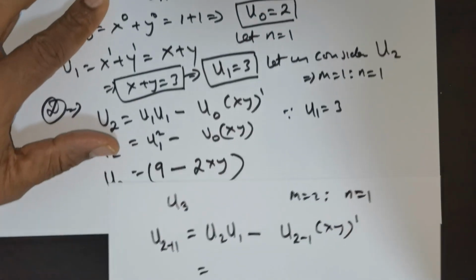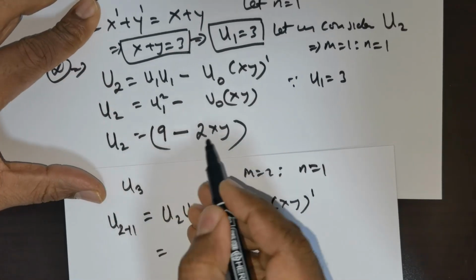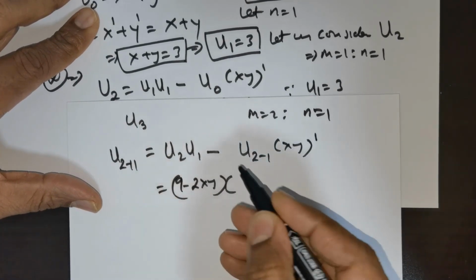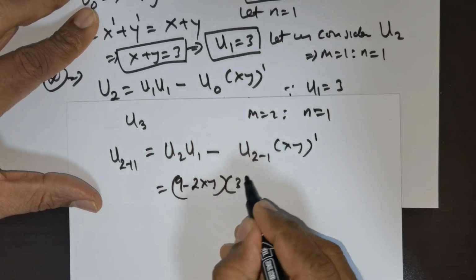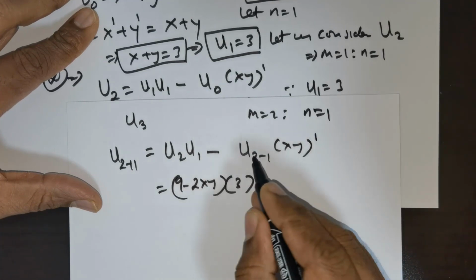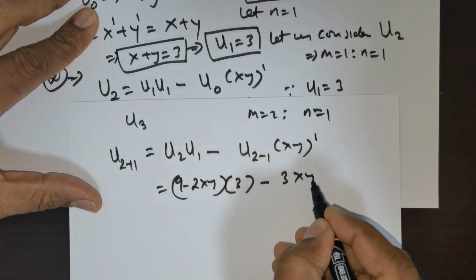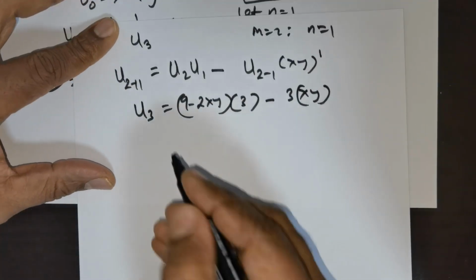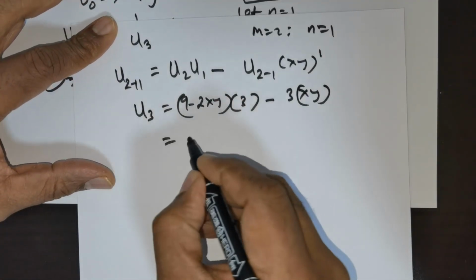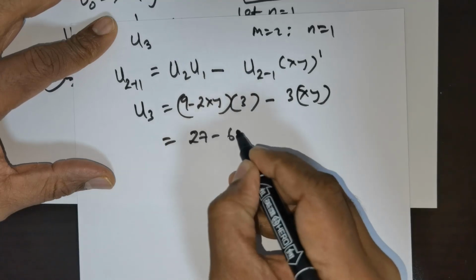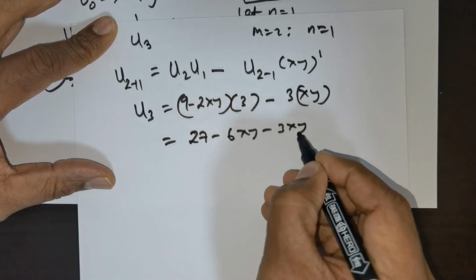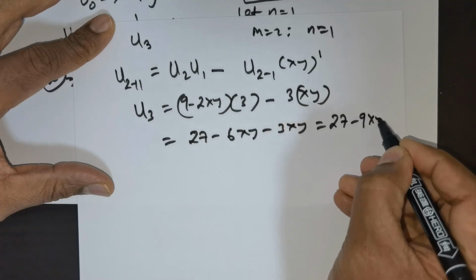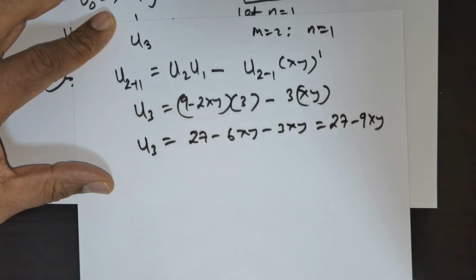Do we have anything for u_2? It is 9 - 2xy, multiplied with u_1, which is 3, minus u_1, which is 3, times xy. This is nothing but u_3. I can rewrite this as 27 - 6xy - 3xy, which is equal to 27 - 9xy. This is my u_3.